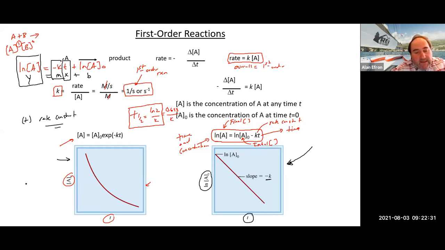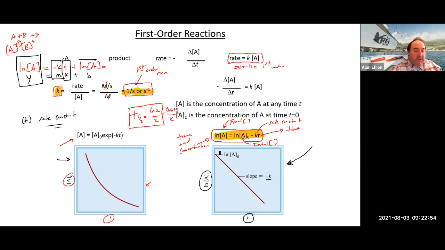So when we talk about first order reactions, there are several things that are really important to remember. First off, the units of K are 1 over seconds, or again, 1 over time. This is the integrated rate law for first order reactions.